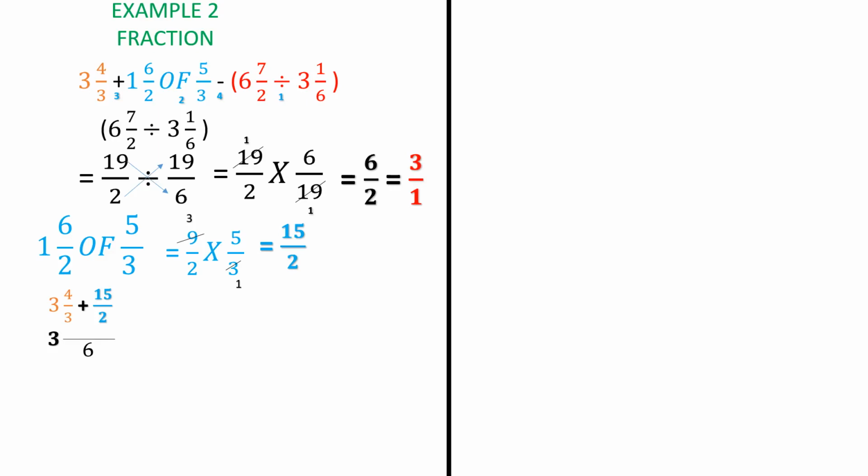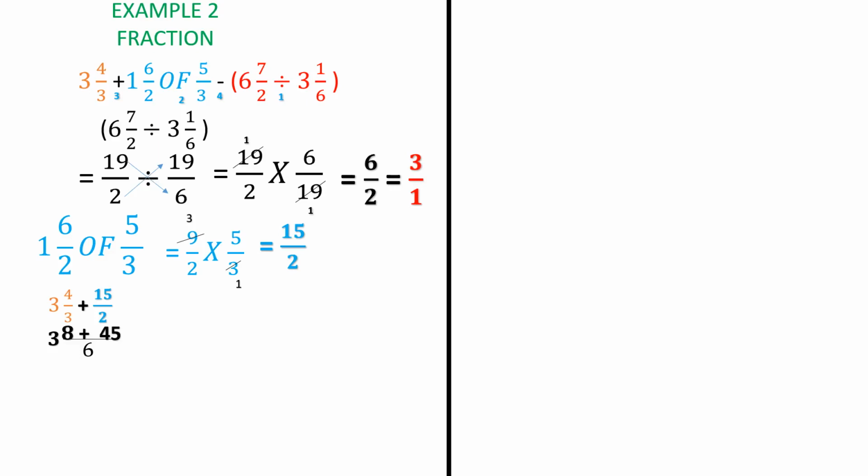So we apply the rule. It says we take the LCM, we divide by the denominator, and we multiply with the numerator. So we have there 8 plus 45.